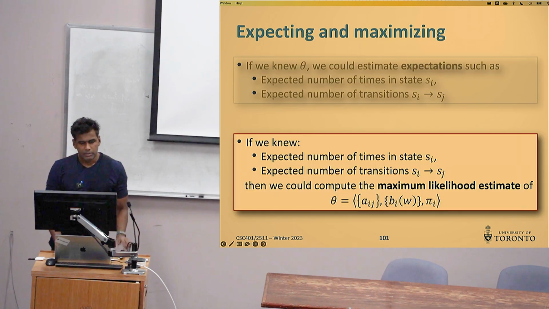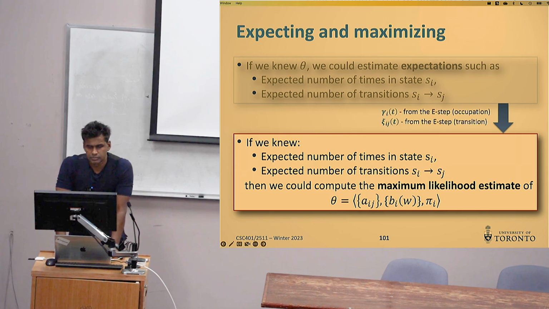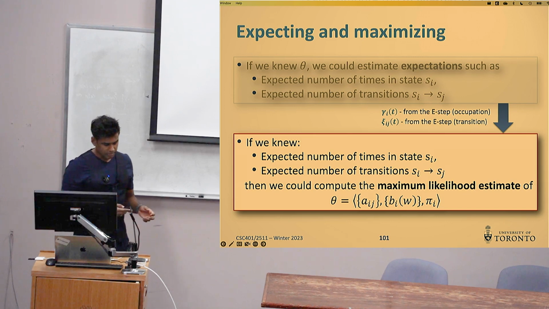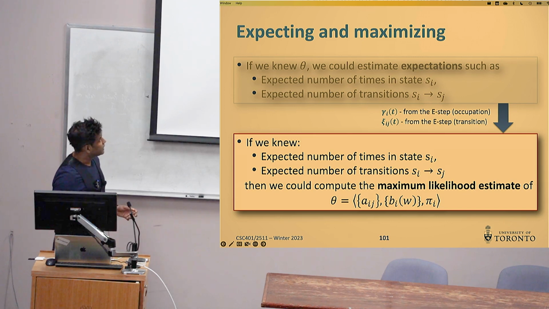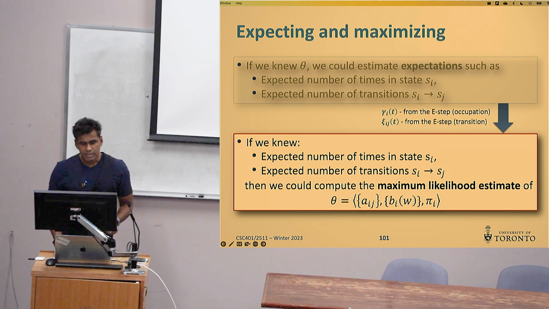Okay, so now let's take a look at the maximization step. Note that when we're in the maximization step, we have the values of gamma it and xi ijt from our expectation step. We're going to use those to update our parameters.